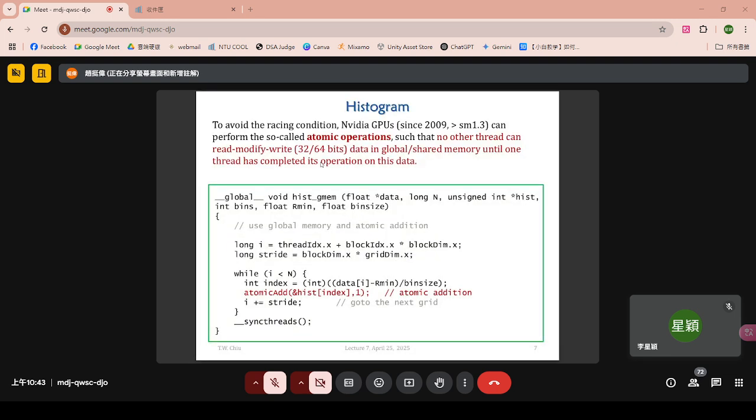If I use the global memory to do the histogram, then this is the device code. So float data is the data, and n is how many data elements, and then the unsigned integer histogram.